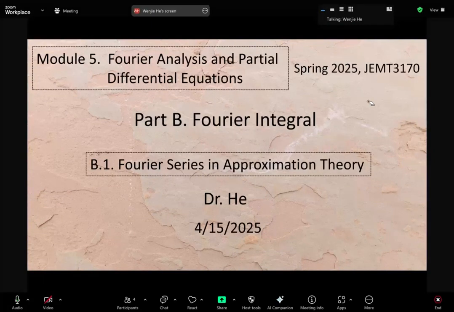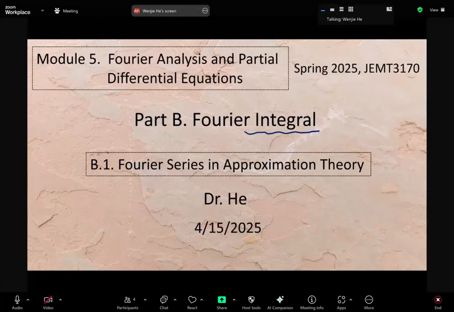So now we need to go to another level higher, Fourier integrals. We need to take integrals, and we need to study the properties related to the integrals. We know the Fourier coefficients we calculate using integrals, right?